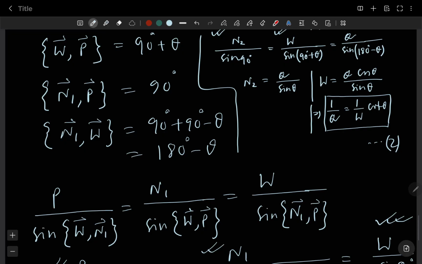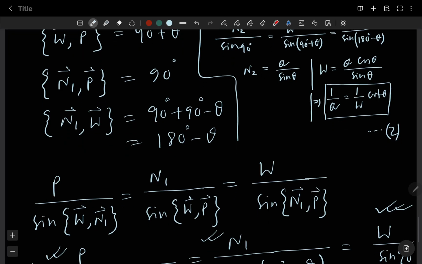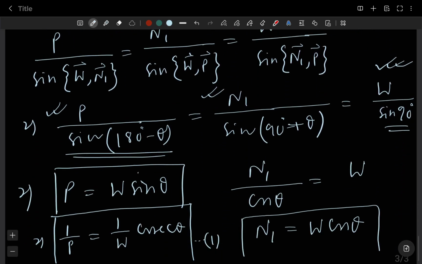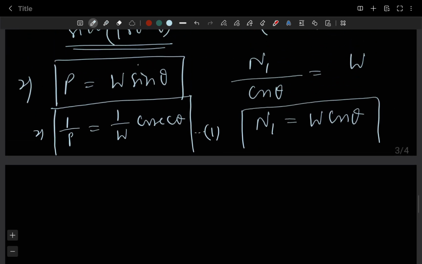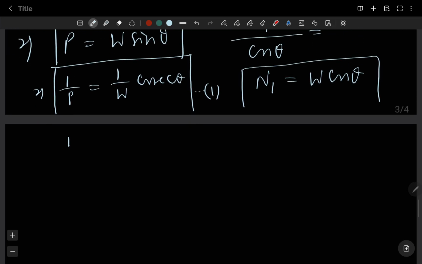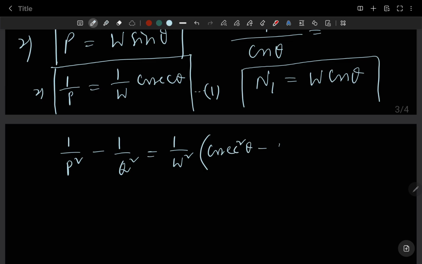So squaring and subtracting, square and subtract equation 2 and equation 1. So what you will get? 1 by P square minus 1 by Q square is 1 by W square into cosec square theta minus cot square theta.